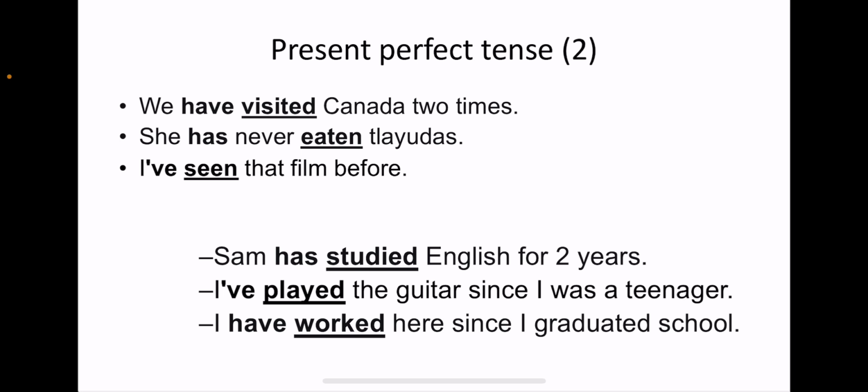So I graduated school, I started working, and now in the present, I'm still working here. So there is a connection between the past with the present. I have worked here since I graduated school. All those examples indicate an experience or something that is in the past but connected to the present.